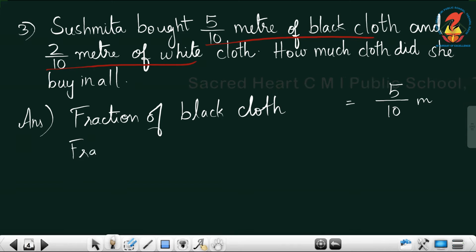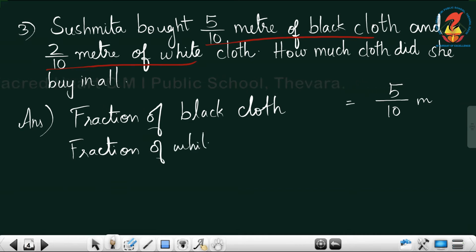Fraction of white cloth. It's 2 by 10 meters. Now you have to find out how much cloth did she buy in all.